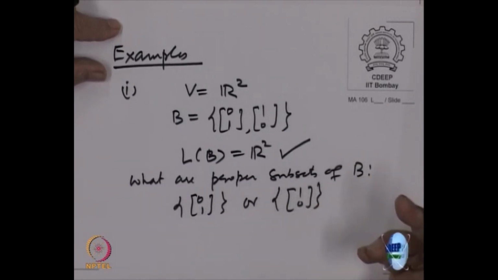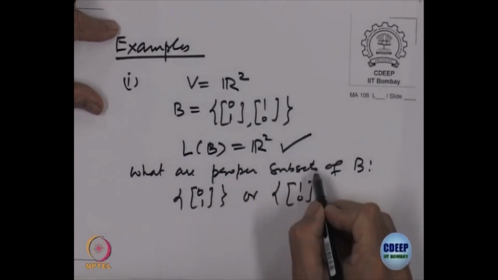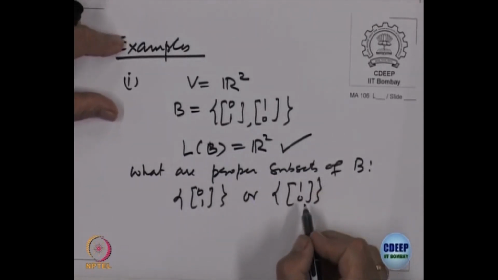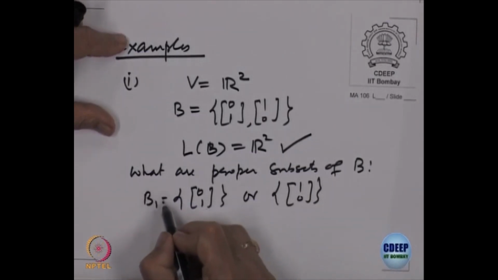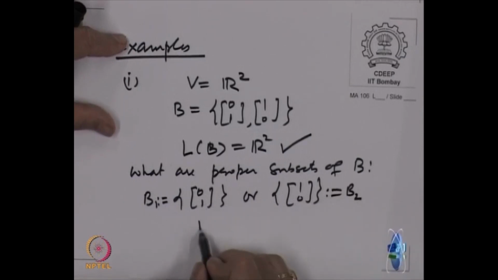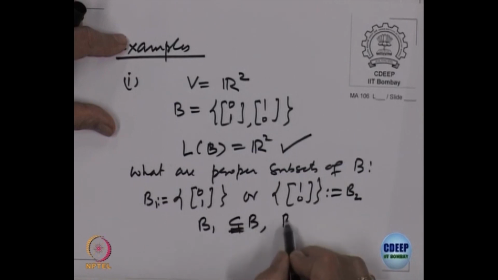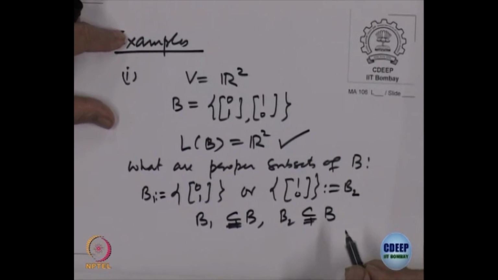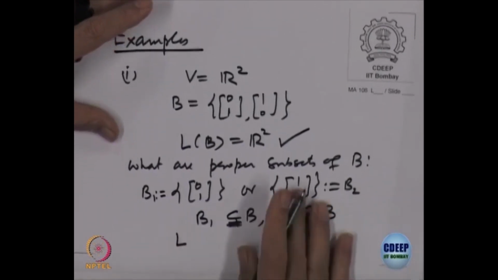If it is empty, then nothing will be there, right. So, proper non empty, we are assuming that. Now call this B 1 and call this B 2. B 1 is a proper subset of B, B 2 also is a proper subset of B, and these are the only ones.